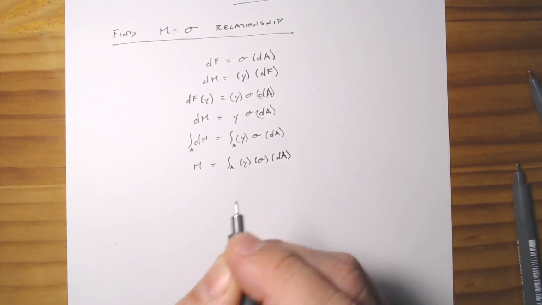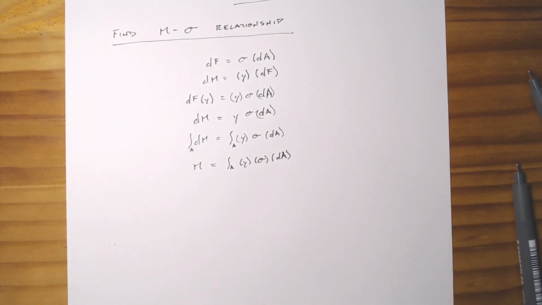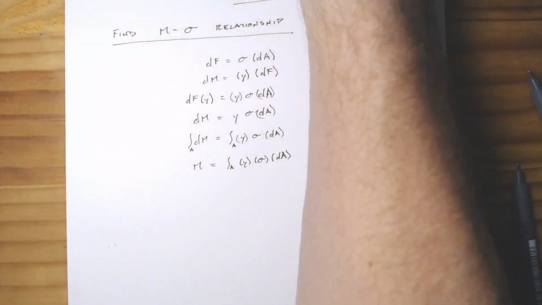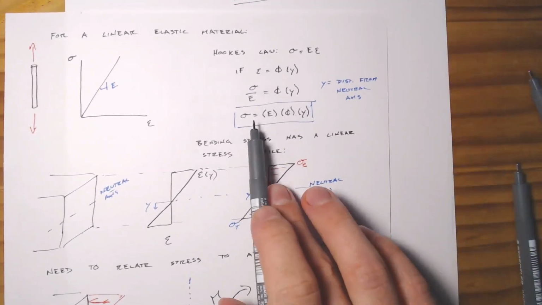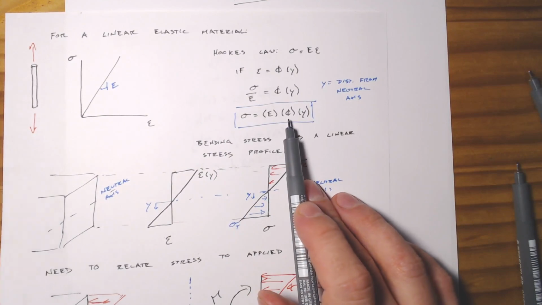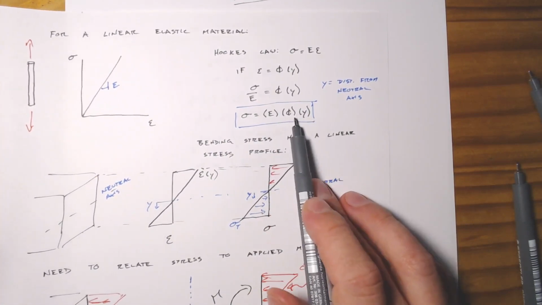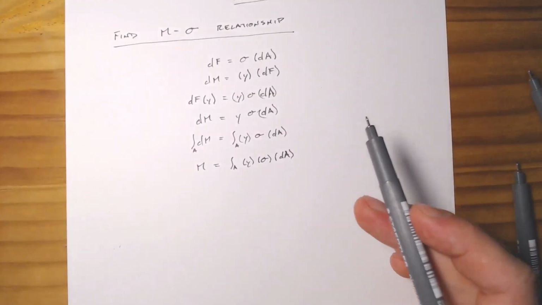times dA. Now what we are going to do, we're going to pull a little trick. We're actually going to use our relationship between our stress and our curvature. And so this will give us what our change of stress is with respect to our distance y.